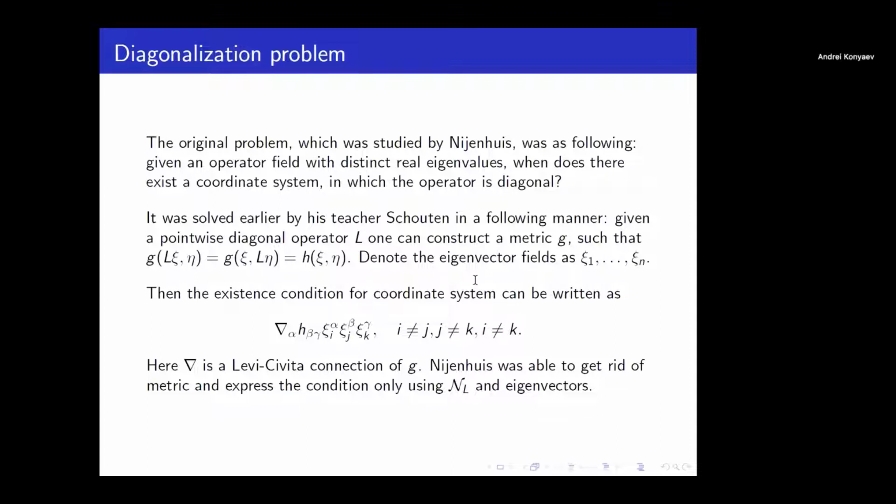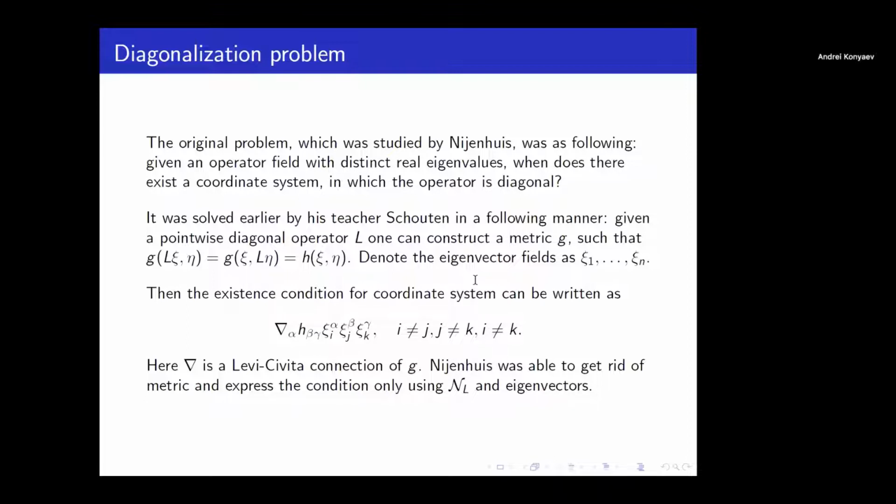If you have an operator with the following property: at each point it has pairwise distinct eigenvalues. It can be diagonalized at each point, which means you can easily come up with vector fields, which you will call eigenvector fields, which are just vector fields of eigenvectors at each point.